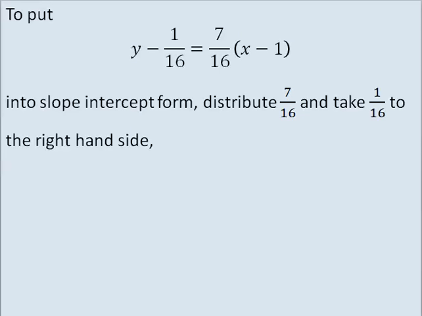To put the equation of the tangent line into slope-intercept form, we need to distribute the 7 over 16 and take the 1 over 16 from the left-hand side over to the right-hand side.